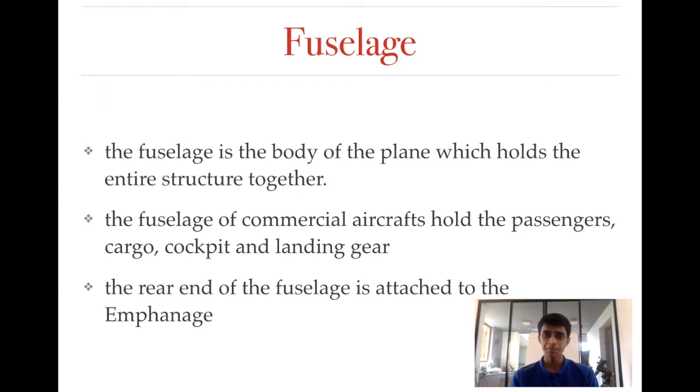So, basically, the fuselage can be considered as the connecting part. It connects everything together. It connects the engines, the wings, the empennage, everything, right? So in commercial aircraft, the fuselage holds passengers, cargo, the cockpit, and even the landing gears. Right, that's enough about the fuselage.